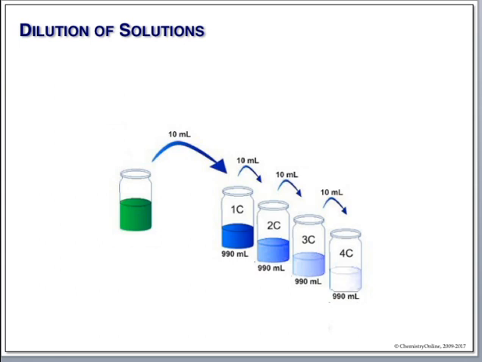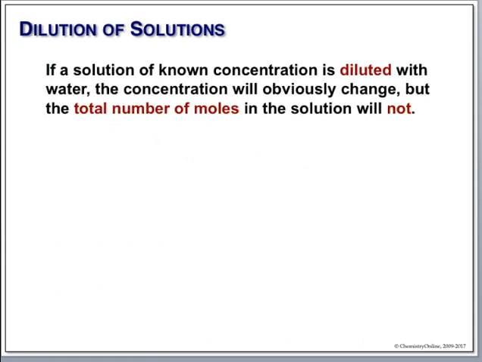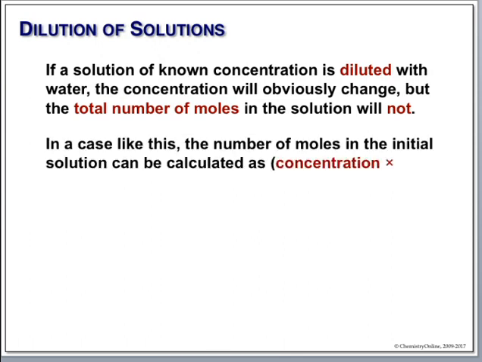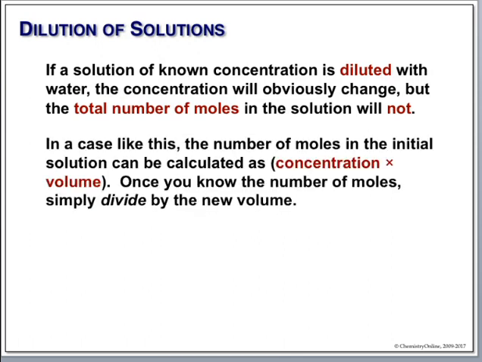All right, let's do the calculations here. The thing to remember here is if we dilute a solution, so we have a 1 molar solution, and we dilute it by some factor, tenfold, the volume's going to change, but the number of moles doesn't. The volume changes, but the number of moles does not.